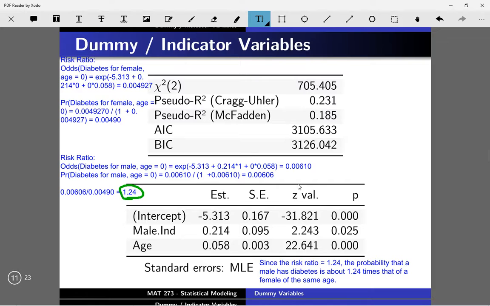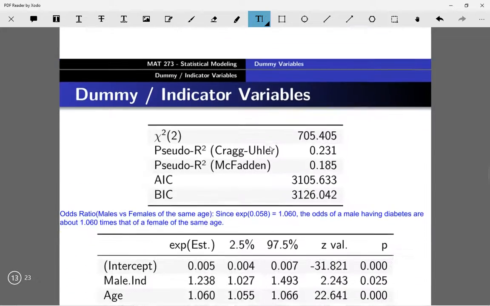And yes, that's true, but actually, this calculation will end up the same even if we changed the age, as long as we use the same age for both of these participants, both the men and women here. So anyways, this is how we interpret a risk ratio here and get that using the output.